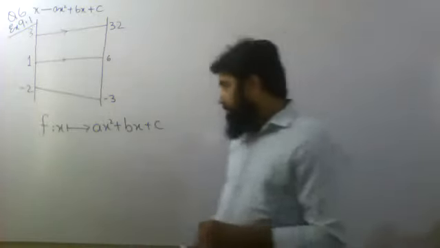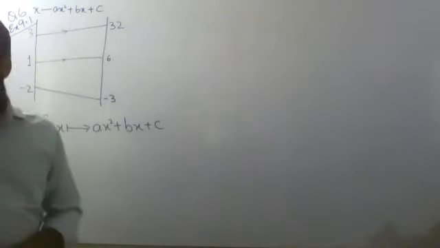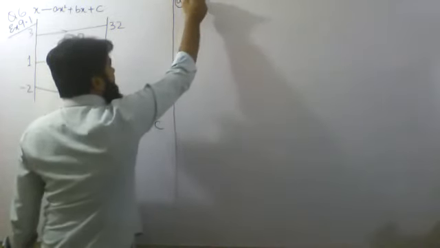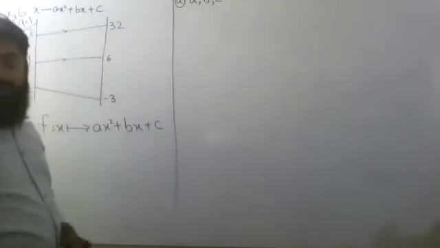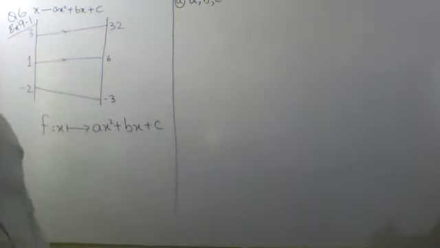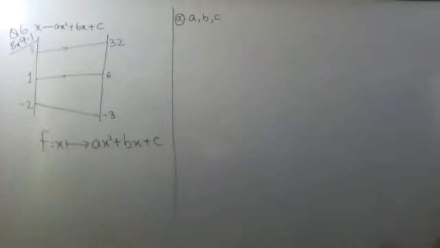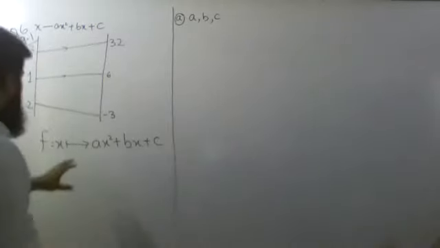Now in this part of the question, they are giving us some parts. In part a, they are saying find the value of A, B, and C. I have to find the value of A, B, and C. So I use my given function.